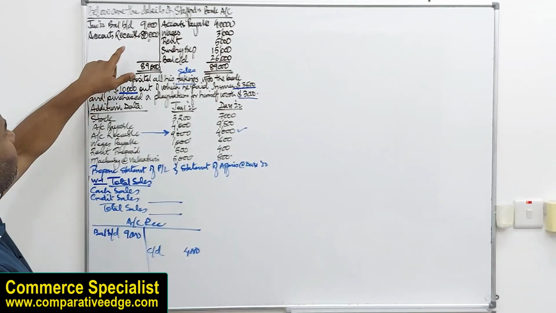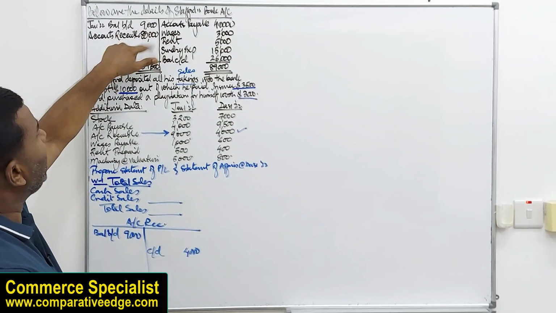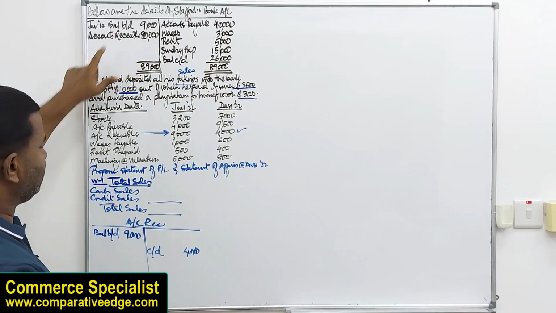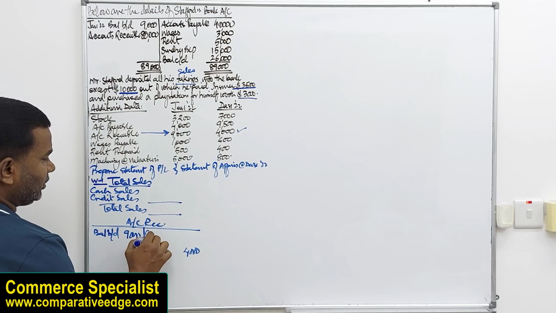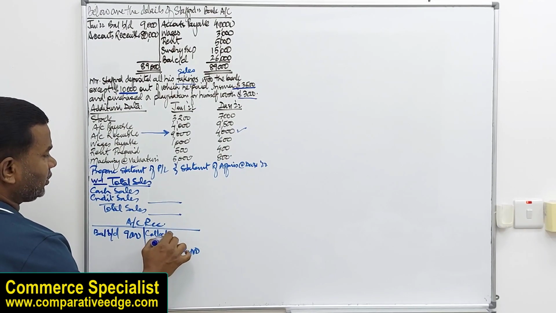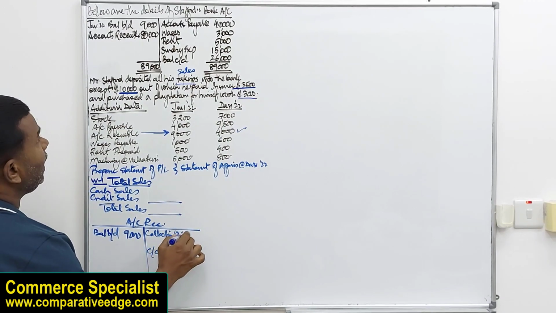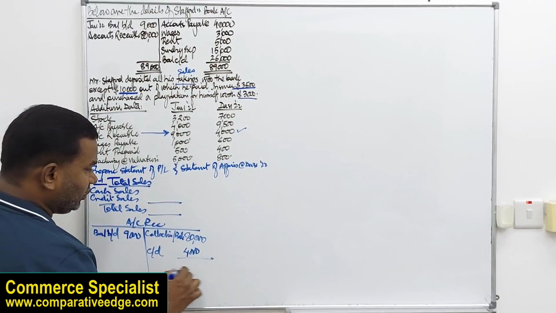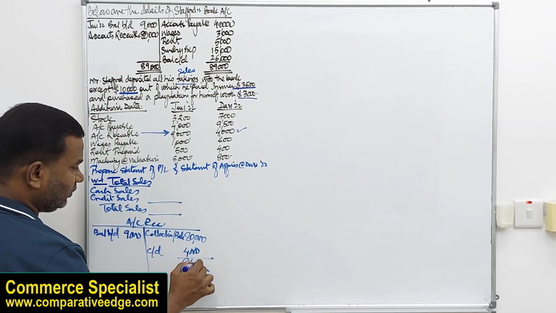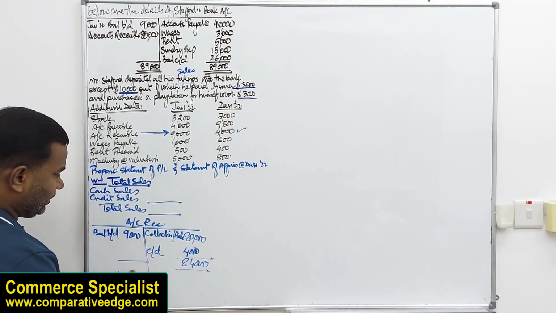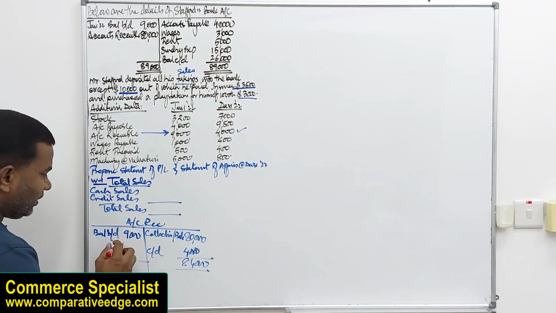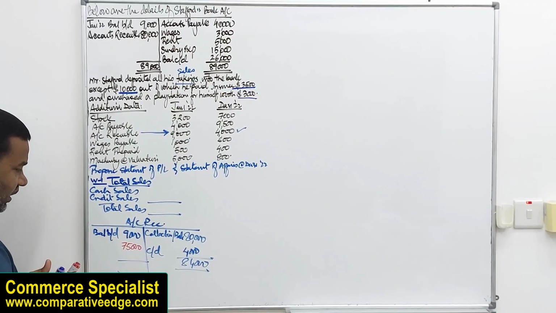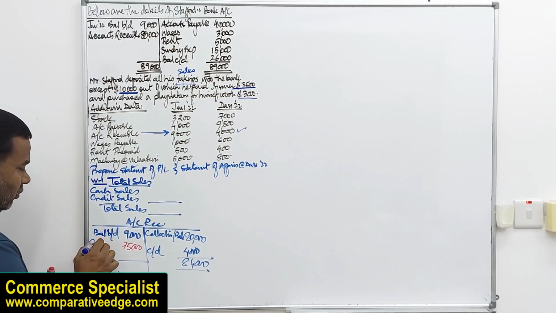You have also collected cash here because this is a bank account. When you receive, you debit bank and you have to credit receivables. So I'm writing here collections. Collection means you have received from customers, or you can write bank as well. How much? 80,000. Now you add these two. This is 84,000, and minus 9,000, you will get 75,000. Now this is your credit sales.